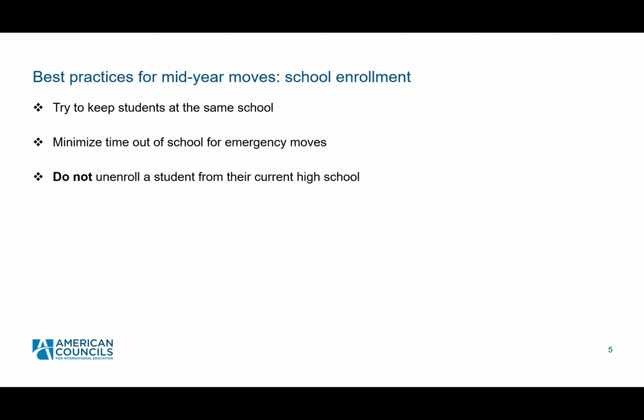So the intention is to keep them there. So we would just ask that that not happen until a new school is found, if that's the case. If we're going to move them to a new community or even a new school in the same district because they're zoned differently, then that's when you would want to unenroll them. Otherwise, we would ask you please not to do that.